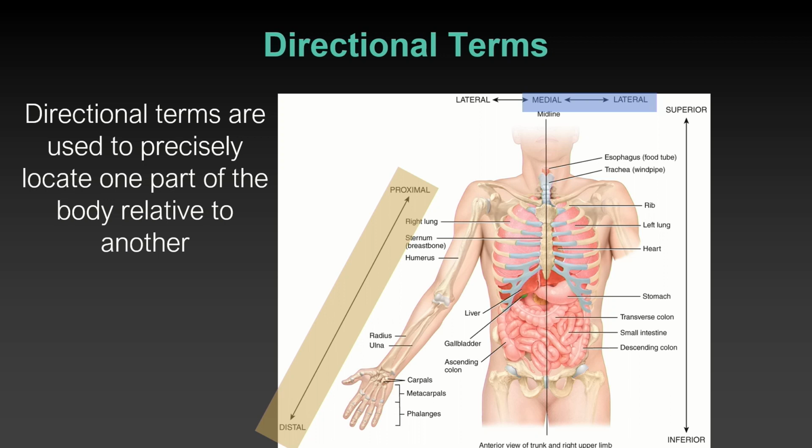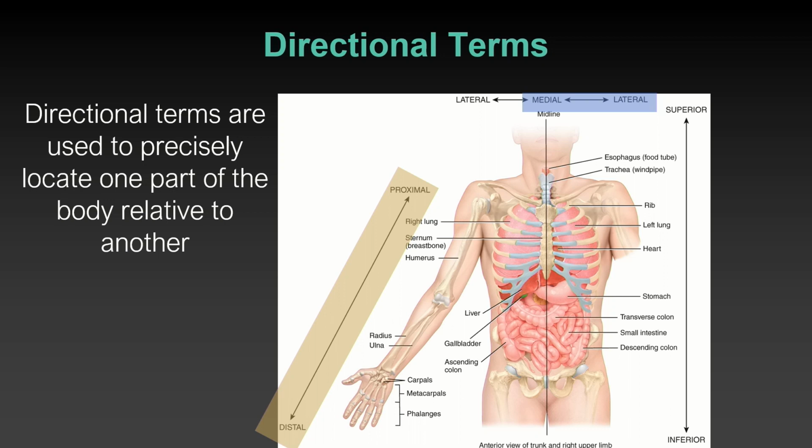Medial and lateral, we run into a fair bit. If you imagine the body in its anatomical position, you have two arms, two legs, two eyes, two ears. The body is mirrored on one side versus the other. And that imaginary line down the middle, where one side of the body is reflected in the other, is the midline. Medial and lateral describe a structure in relation to the midline.